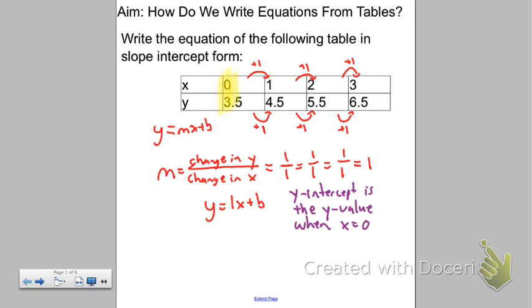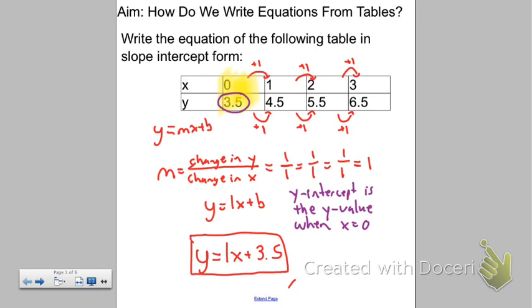I have x equals 0 in this part of my table, so my y-intercept, or my b value, is just 3.5. So I can just write my equation as y equals 1x plus 3.5. And that would be my equation in slope-intercept form. You do not need to show any more work as to how you found the b value, because you have it where your x value is equal to 0.